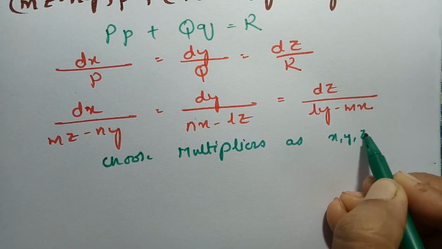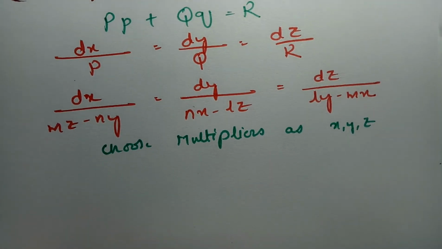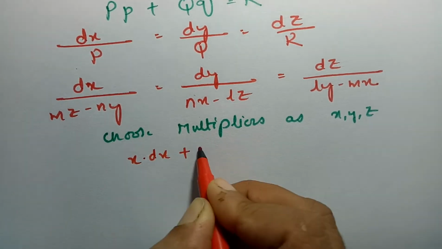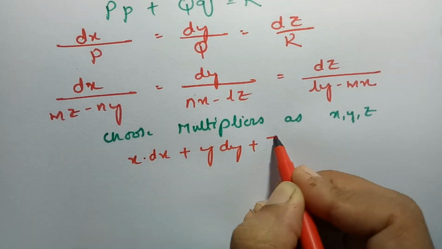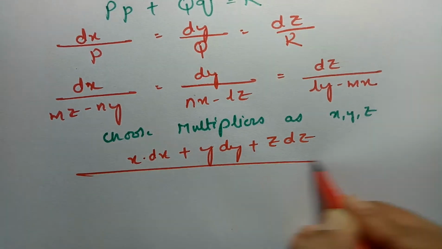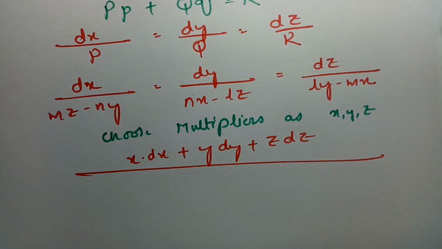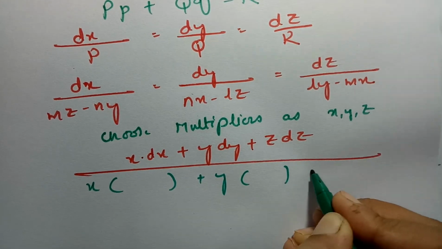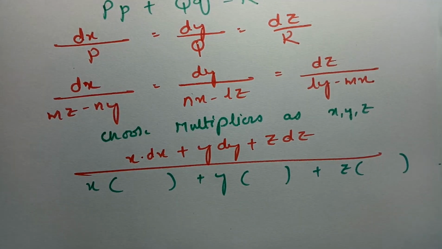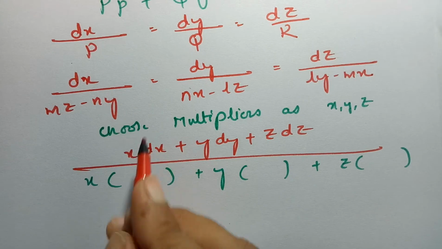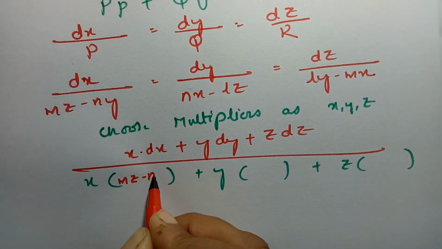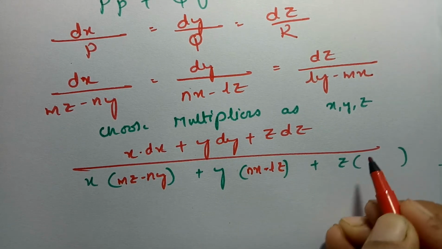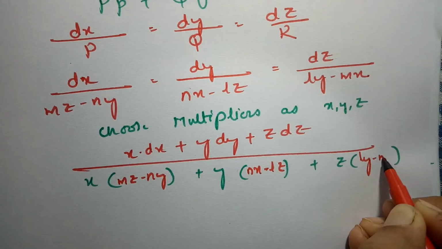After taking x, y, z as the multipliers, it will be x dx plus y dy plus z dz by, if I multiply x with the first term, y with the second term and z with the third term, x into mz minus ny, y into nx minus lz, and z into ly minus mx.